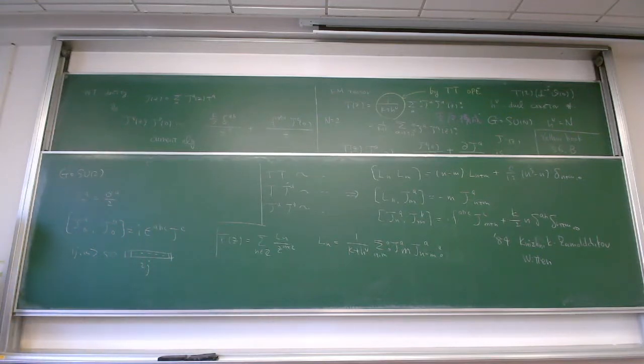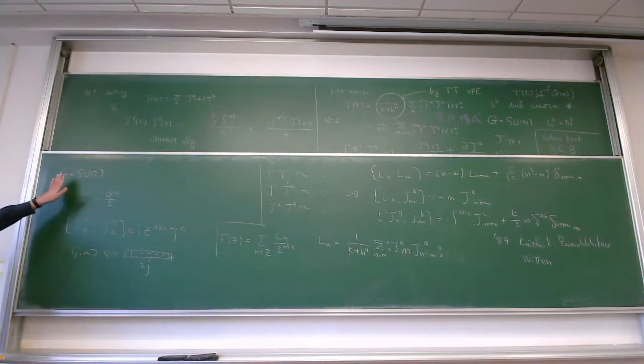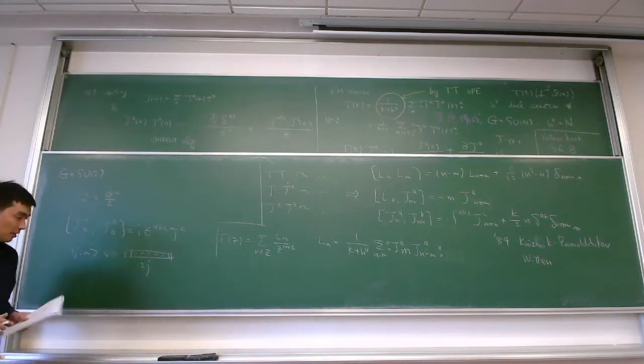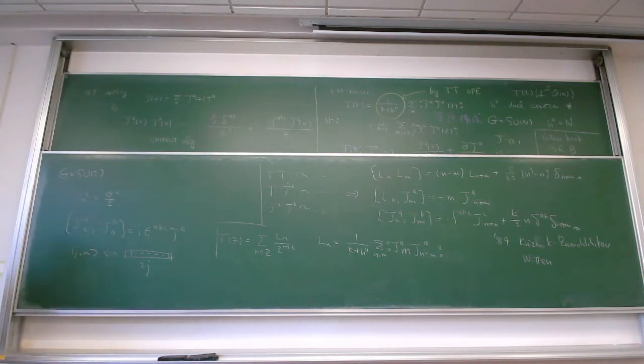In this week's homework, the due date is next week, you have to consider the so-called continuous dynamical equation for G equal to SU2. The representation always involves j corresponding to some Young tableau with a single row.